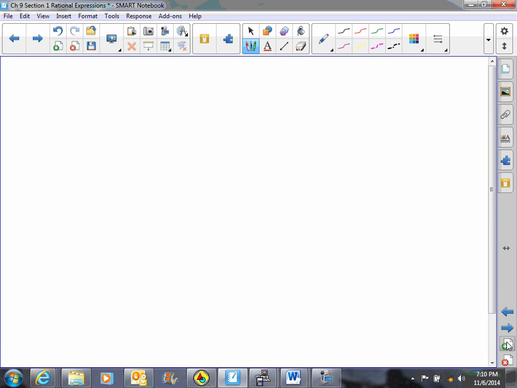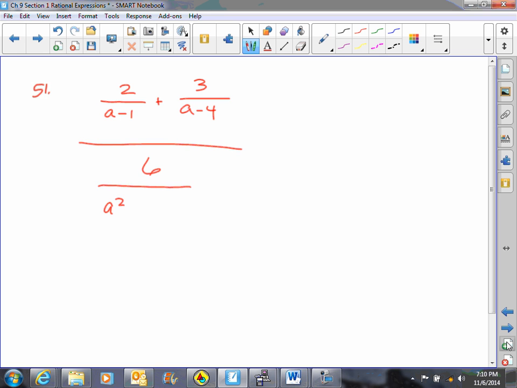Number 51, it's a complex fraction. We have 2 over a minus 1 plus 3 over a minus 4 over 6 over a squared minus 5a plus 4.